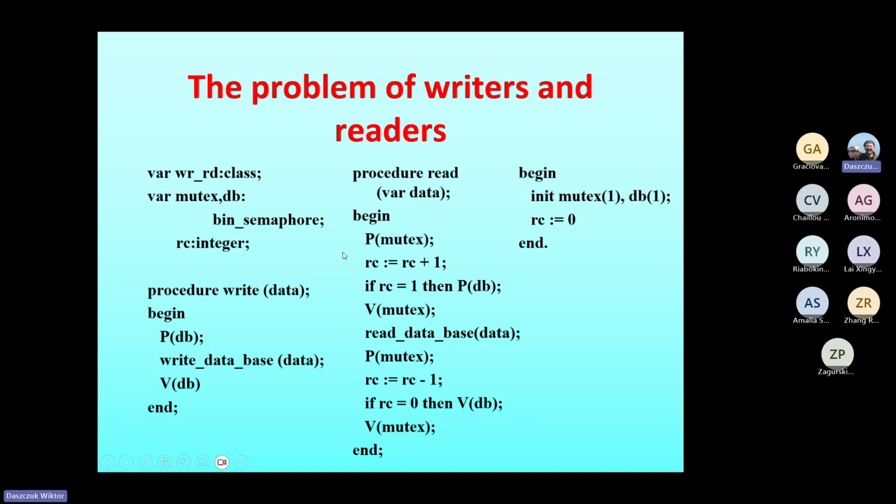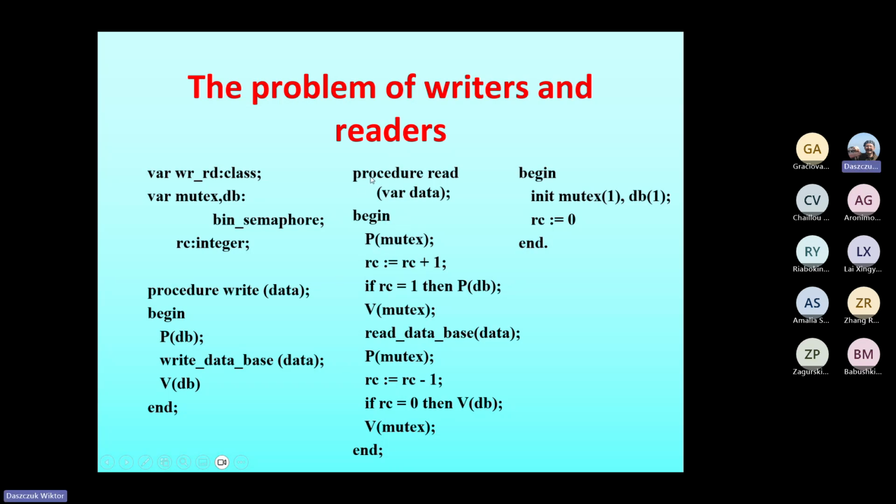So we have a mutex binary semaphore that takes care of the reader count. Reader count is preceded by P and followed by V, and again preceded by P and followed by V. So those two sequences from P to V are critical sections from the perspective of reader count.